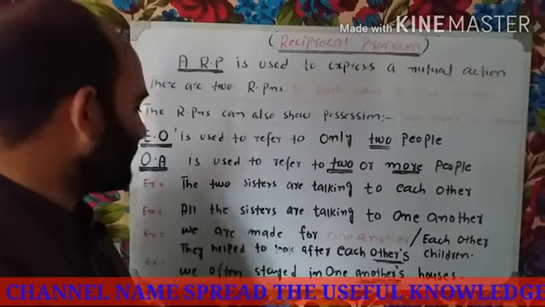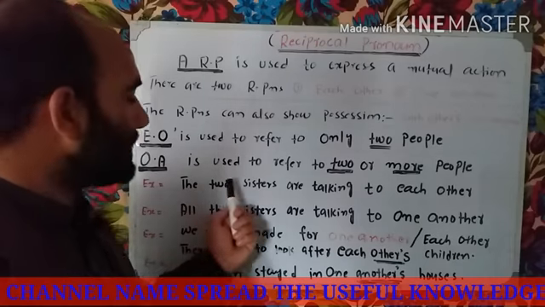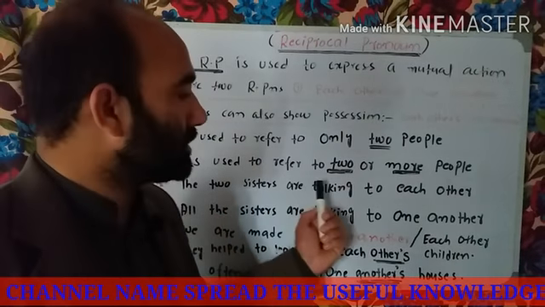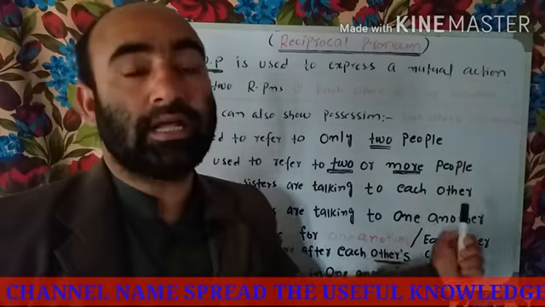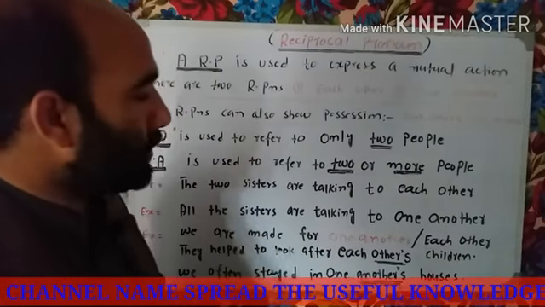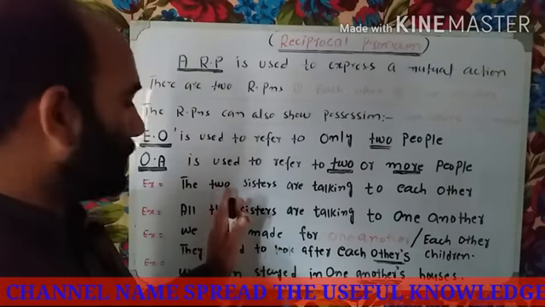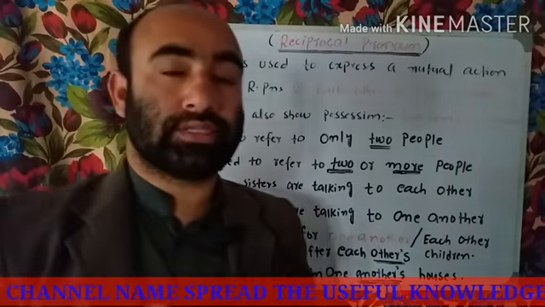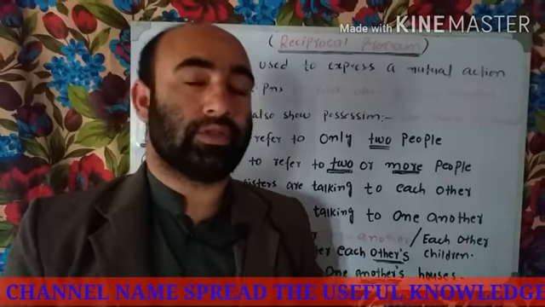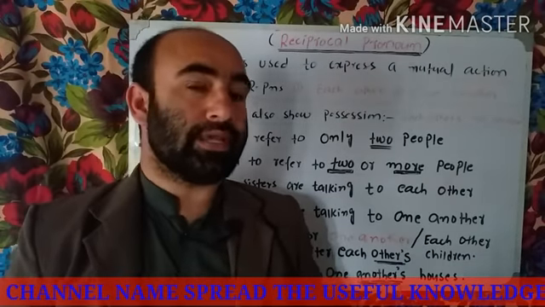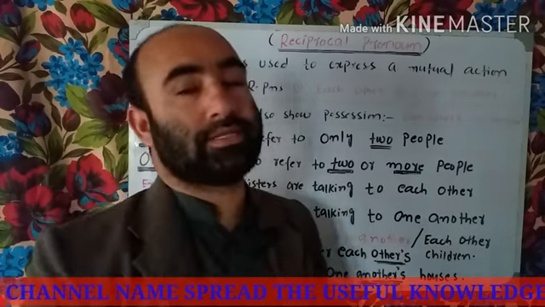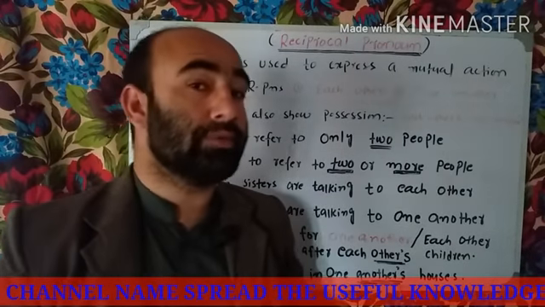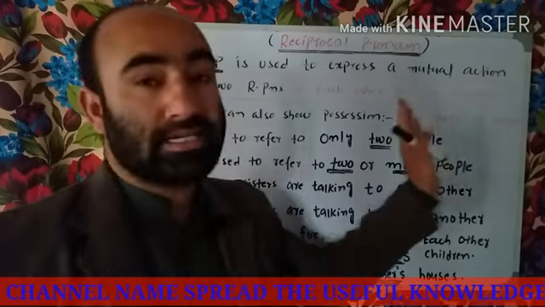For example: the two sisters are talking to each other. Only two sisters are there, not more than that. The mutual action is between the two people, so we use each other.